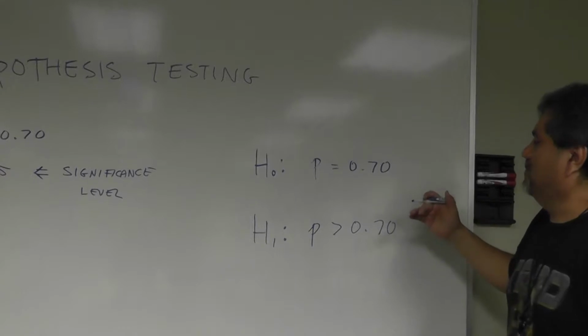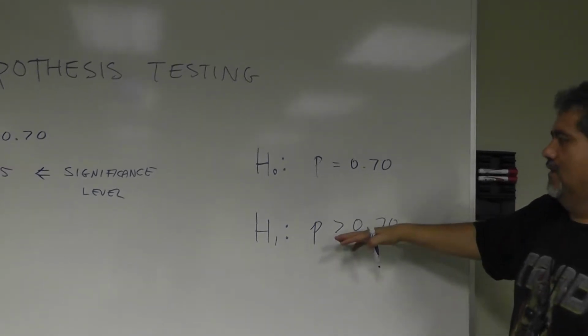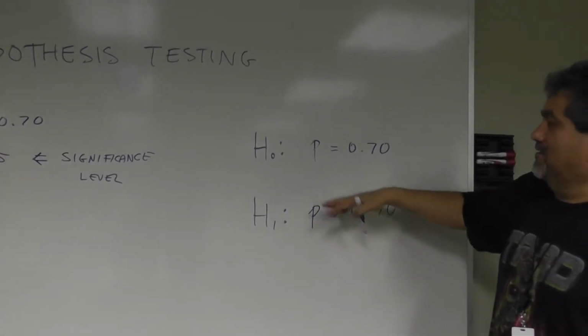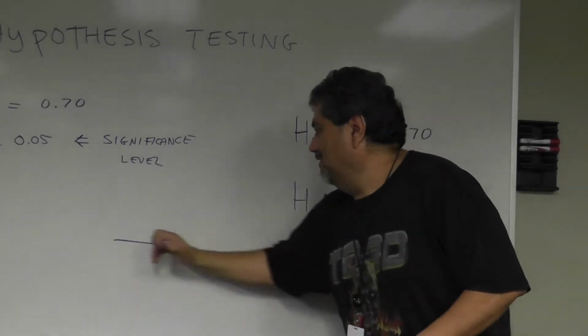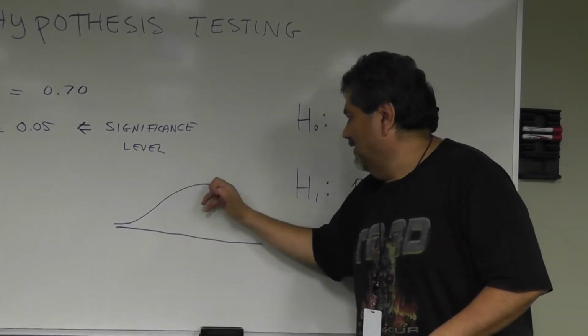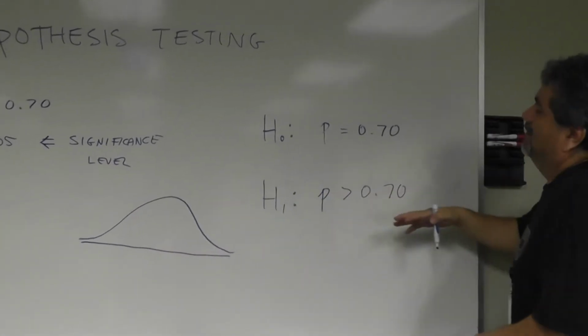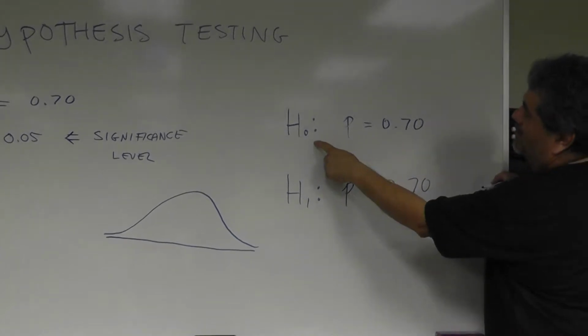It will always be clear from the problem which one we need to use, and I'll tell you about this in a minute. But if this is the problem, the graph is going to look like this. It will be a normal distribution, more or less. It will be a bell shape, at least, and the center is the null hypothesis.